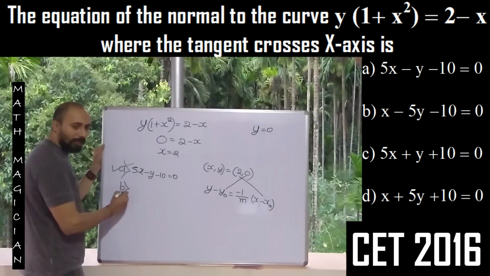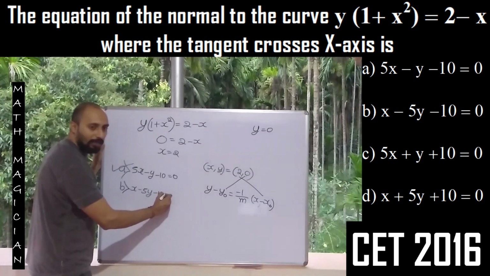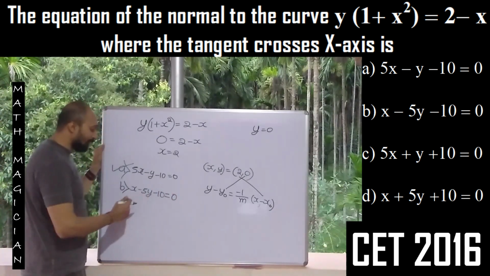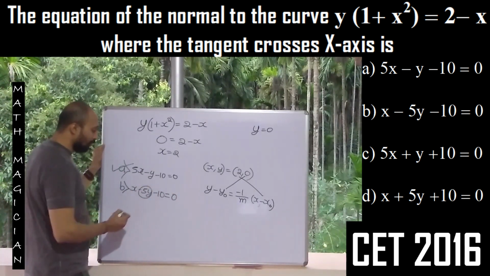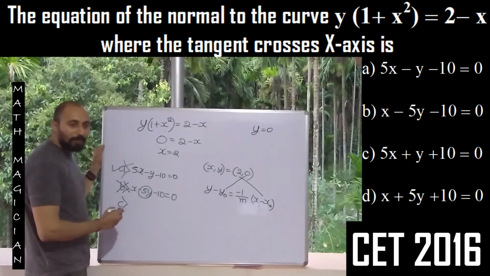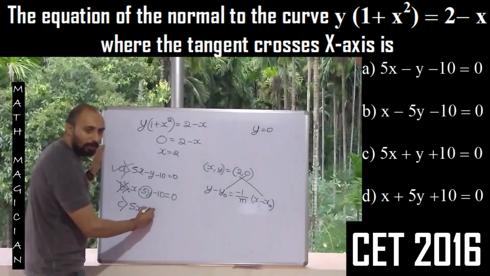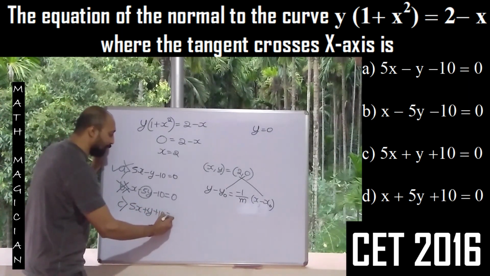Let's go to option B. Option B is x minus 5y minus 10 is equal to 0. So you can see there y value will become 0 and x value, no, it will not come. So I'll try option C. 5x plus y plus 10 is equal to 0.